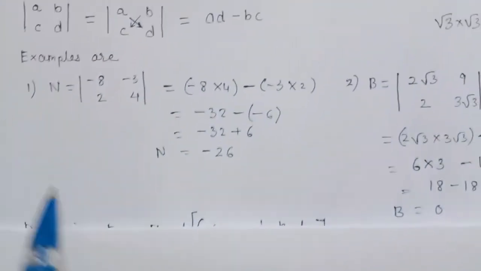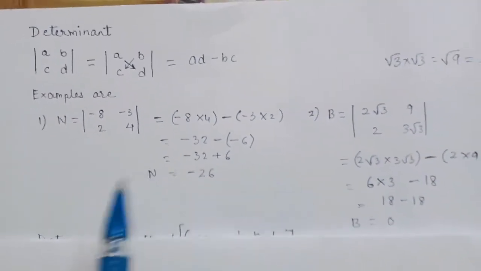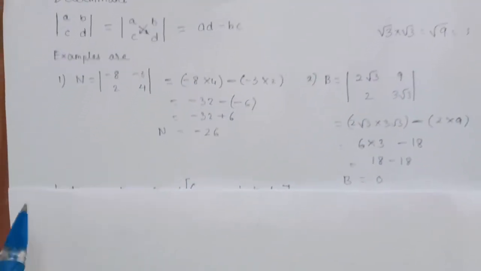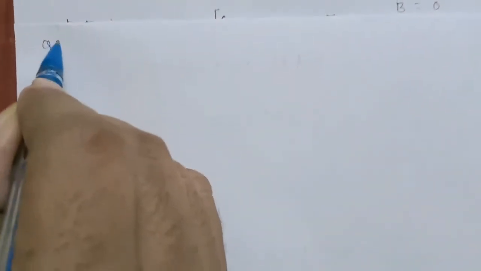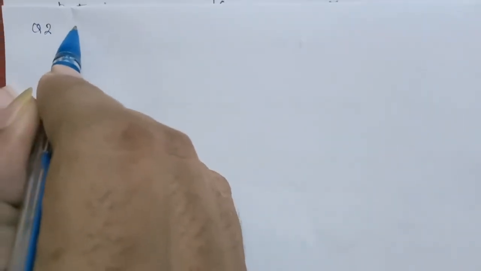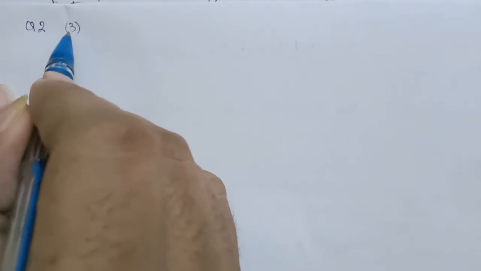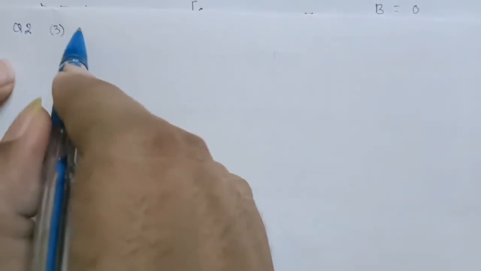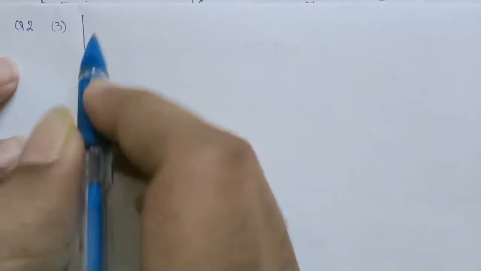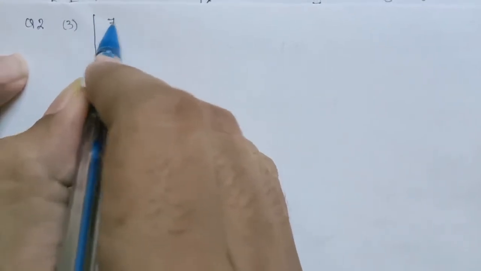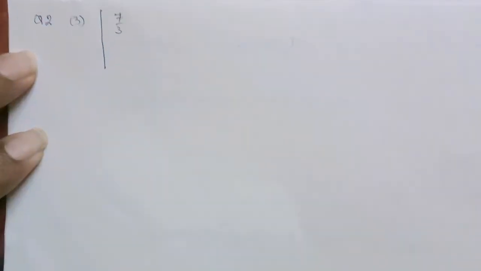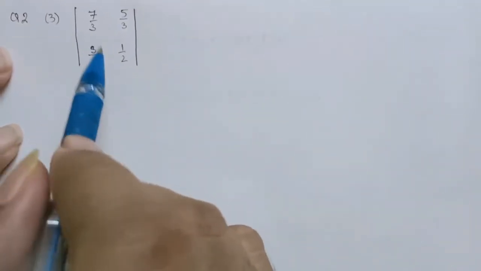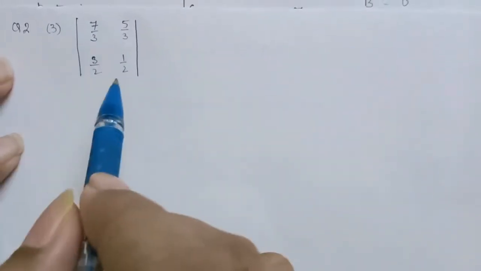the example solved here. But one example of question number 2, sub question 3, which students may find difficult, that I am going to solve. So this question, how to solve this?